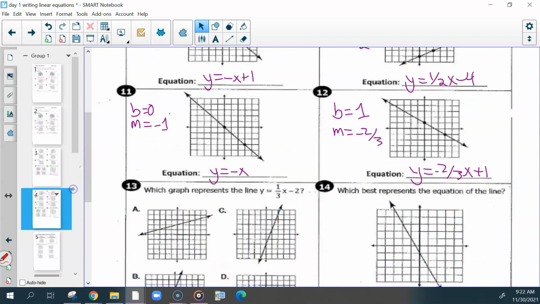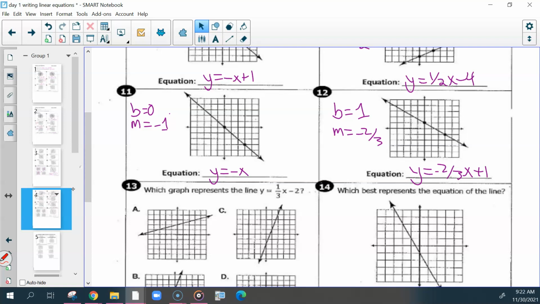Okay. And then 11, the y-intercept was 0, slope was -1. So your equation could be y equals -x, y equals -1x, y equals -x plus 0, y equals -1x plus 0, any of those. And then 12, your y-intercept was 1, slope was -2/3, your equation was y equals -2/3x plus 1.